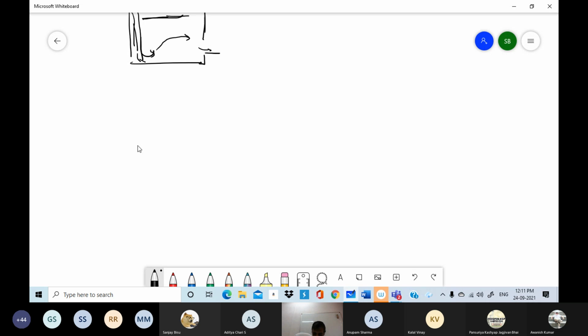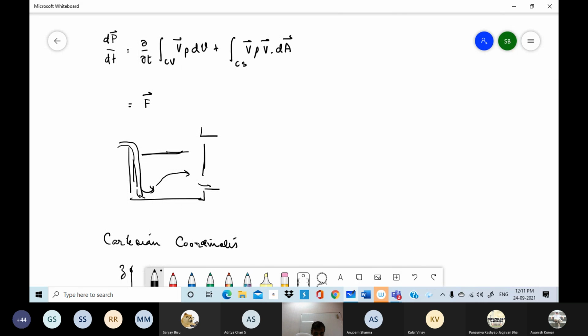So now let me consider this equation component by component.